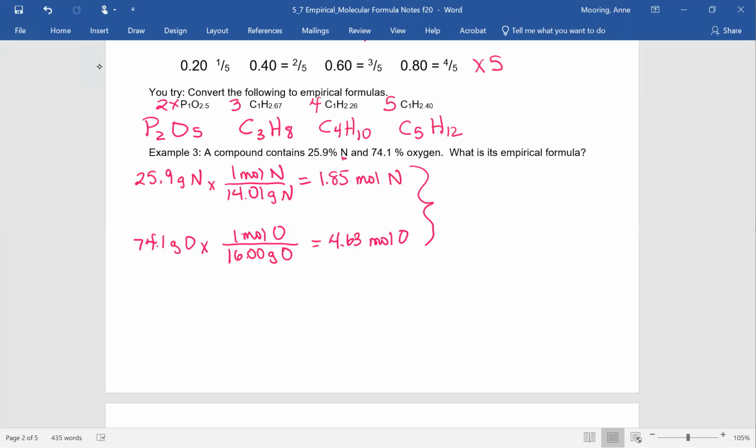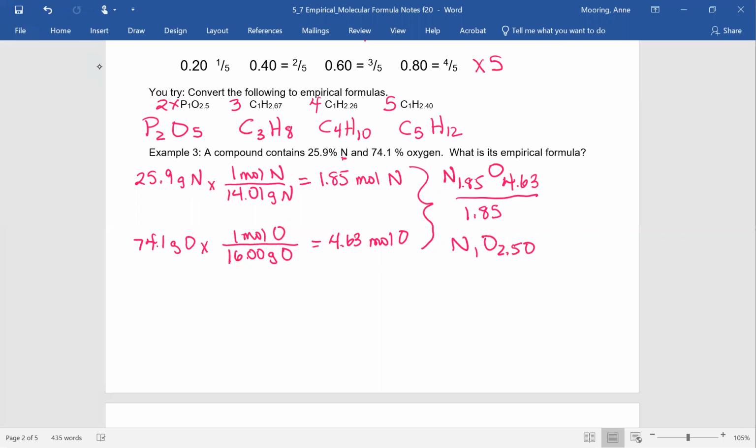We'll convert these to subscripts. We divide through by the smallest value. And when we do that, we get N1O2.50. Do not round subscripts.